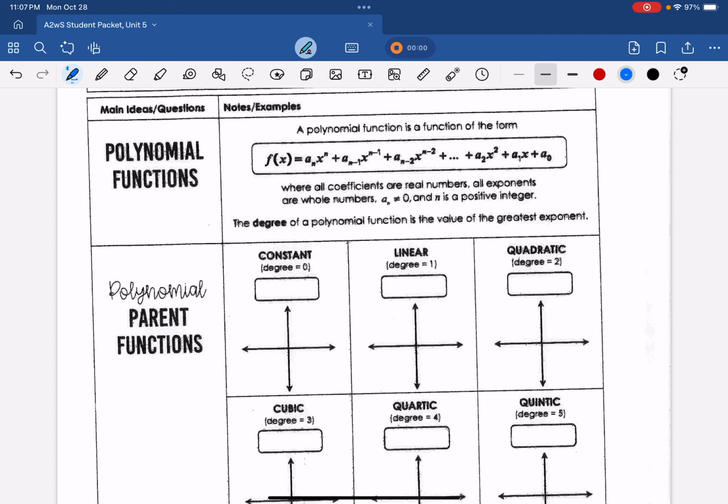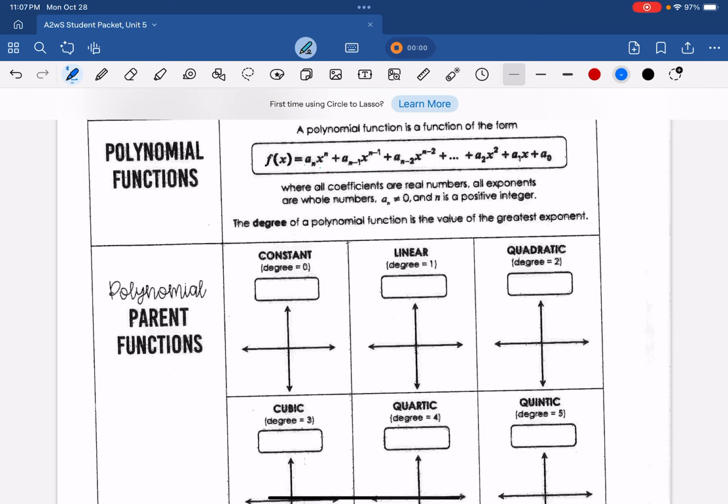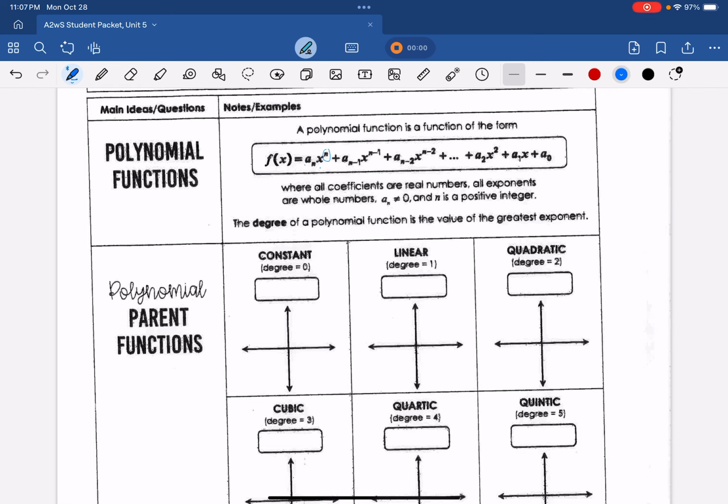You're not going to have to know any of this, except what I want you to recognize is the fact that when we've got the first term, notice how it's a sub n x to the n. So that first exponent is an n. The next one is n minus 1. The next one is n minus 2. We work our way down until we're like x squared, and then x to the first and x to the 0.